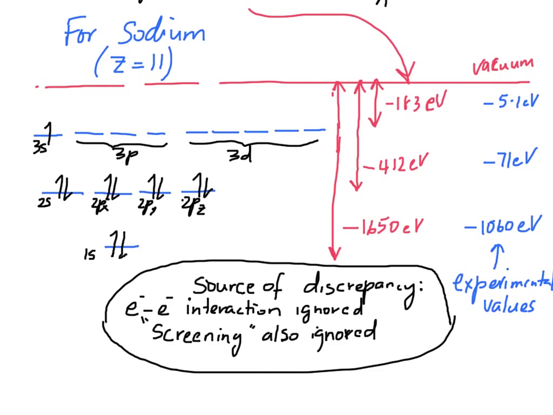So does all this mean that we cannot reliably predict the energy levels of anything other than hydrogen? The answer is of course no, although it should be noted that solving the Schrodinger equation for anything other than hydrogen is non-trivial. It cannot be performed analytically and has to be done numerically in an approximate way.